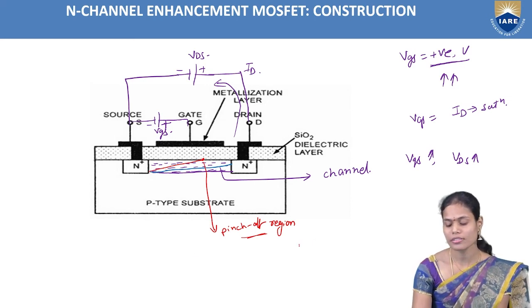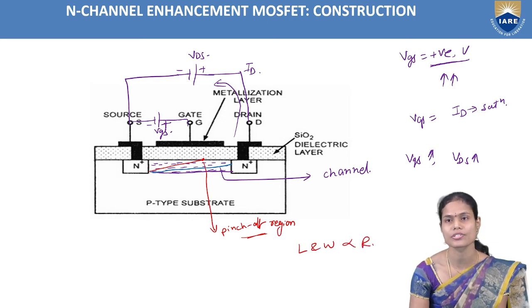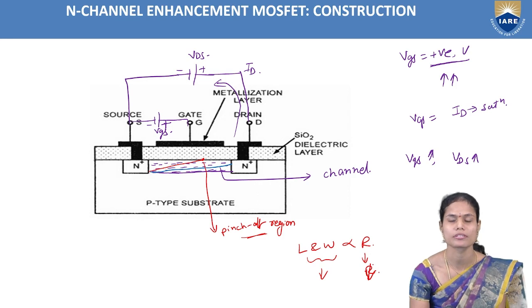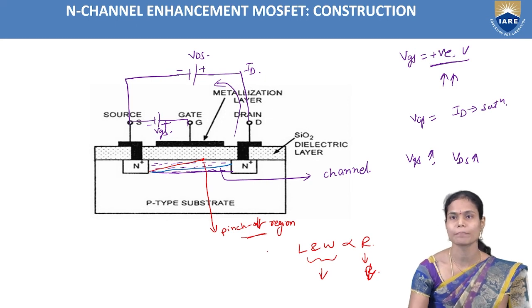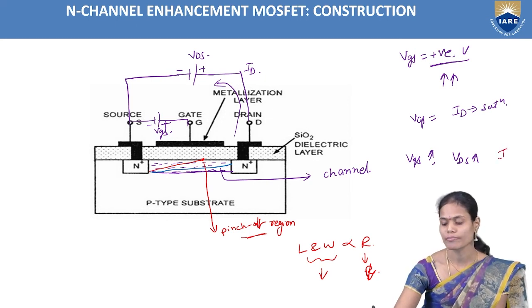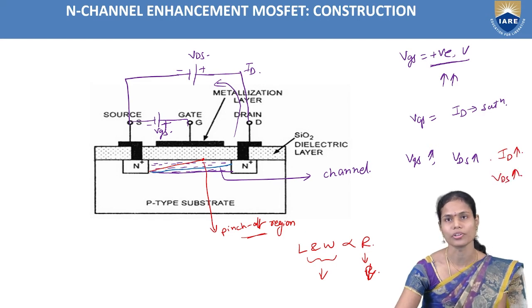Because the length and width of the channel is directly proportional to the resistance in the channel. So here length and width, both the parameters of the channel are reducing, so definitely the resistance value will also decrease. So in the channel the resistance level is decreasing, which means automatically the current will increase. So that's why in the saturation region, the current ID will increase when you increase the VDS voltage.